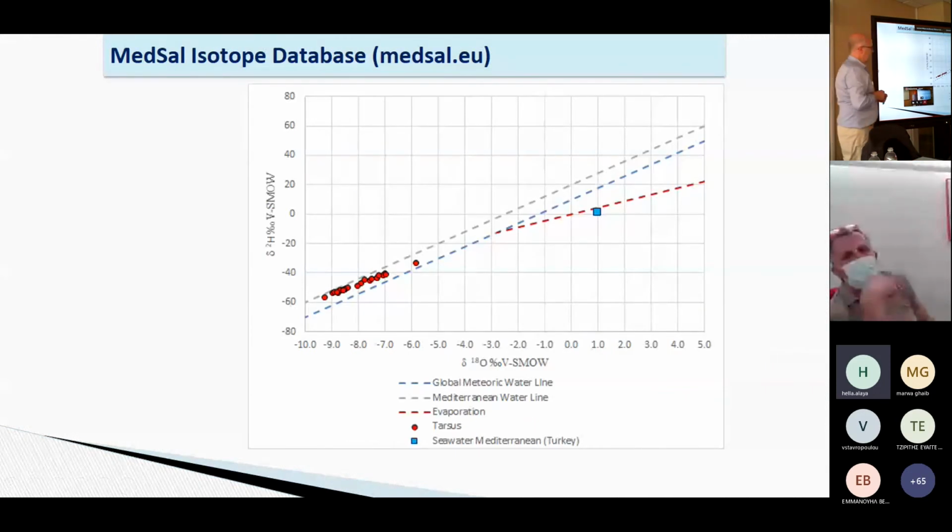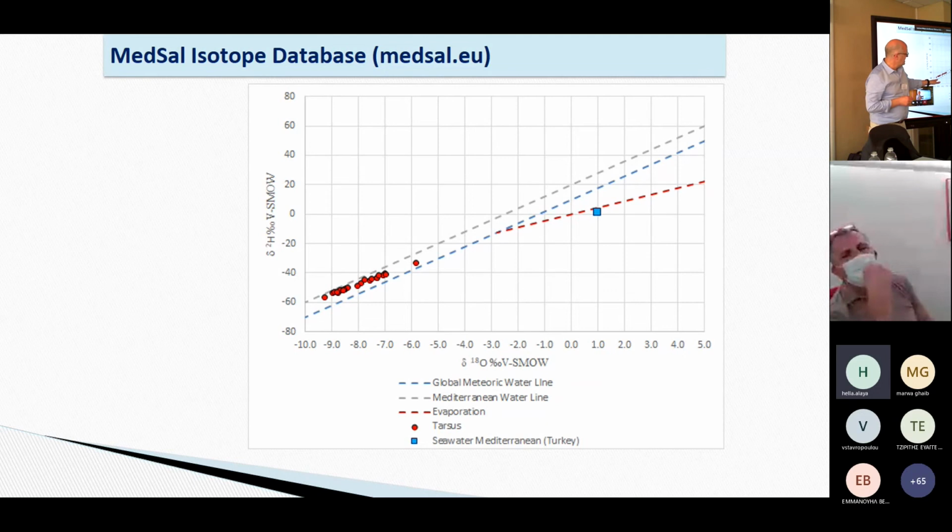So these are the stable isotopes from Turkey. We see that, first of all, the total values are quite depleted. We have values between -6 and -10. I have plotted the global precipitation line.